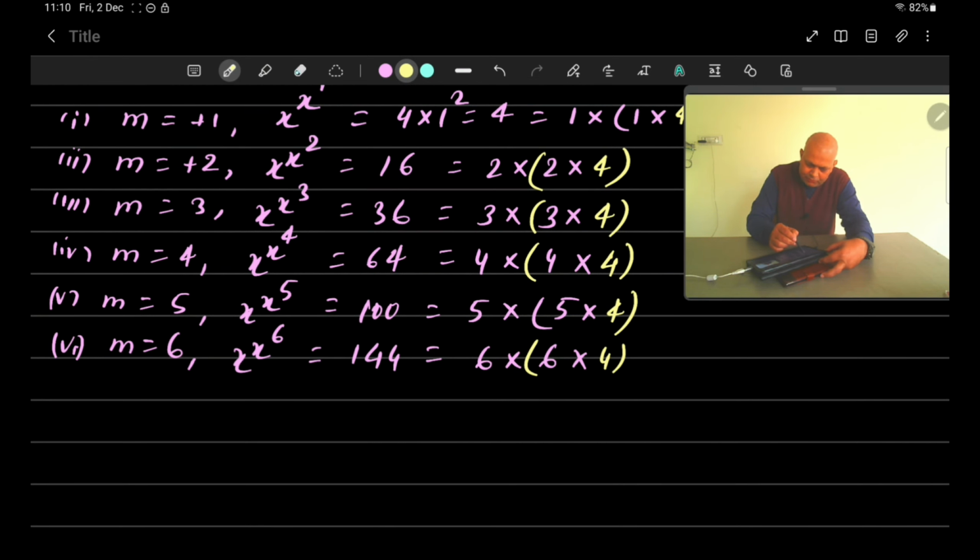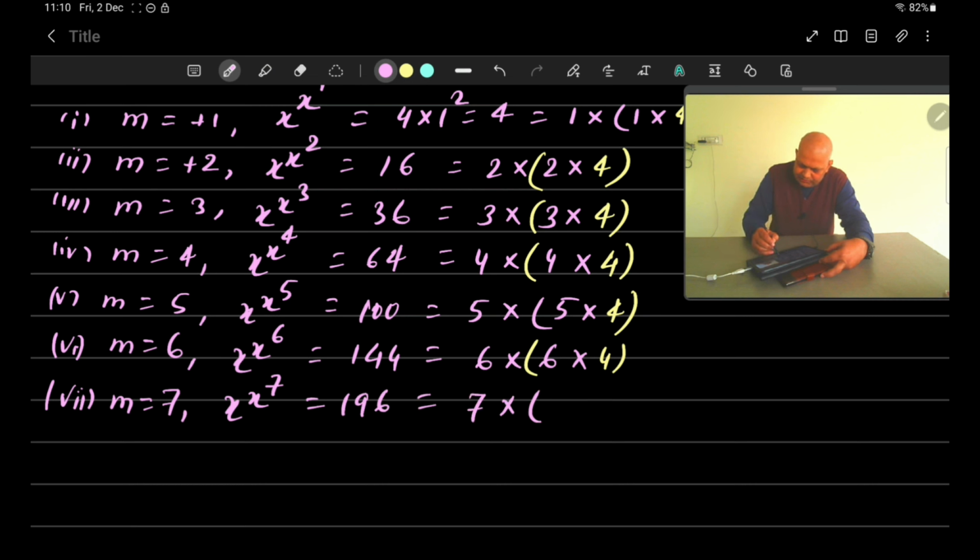Once again, I am going to create a new question for you. Question number 7. If m equals 7, x to the power 7 can be written as 196. And this can be written as 7 times 4. Okay, now see here, question number 8. If m equals 8, your question will become x to the power 8, and it will become 256.